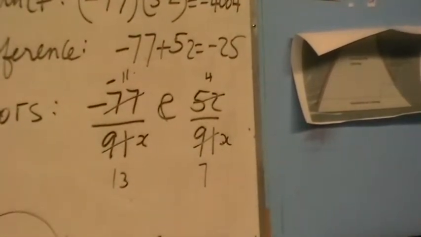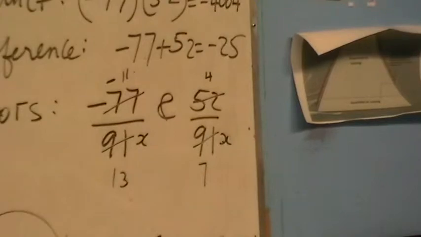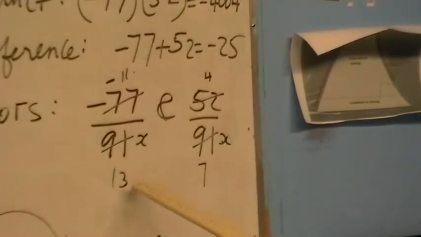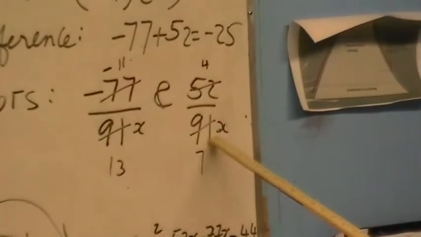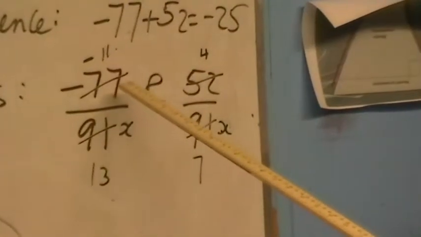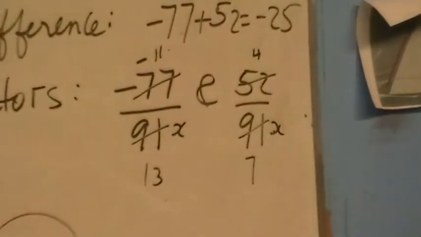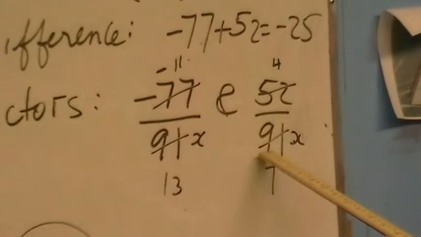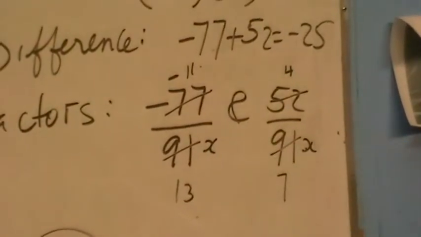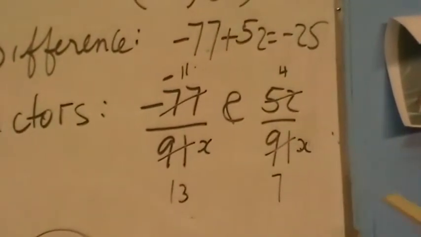After simplification, you will find the denominator will be 13x and the numerator of the first number will be negative 11. Likewise, in the second number, after simplification, the denominator will be 7x and the numerator will be 4.